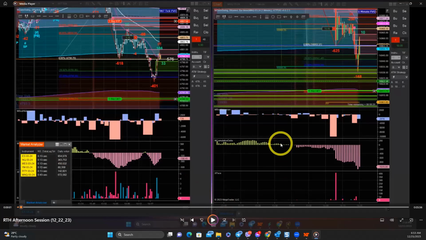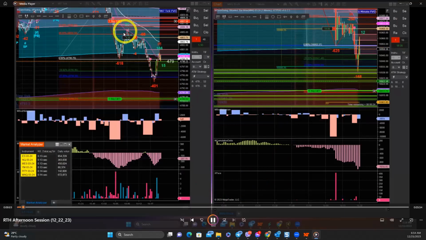Okay, so here's the trade I took, and again, you see, I have a 987 tick chart here for ES and basically a 1 minute chart on MNQ with a 1 minute fair value gap. Now I can have the 2 minute, which you guys trade, but it works just as good on that.